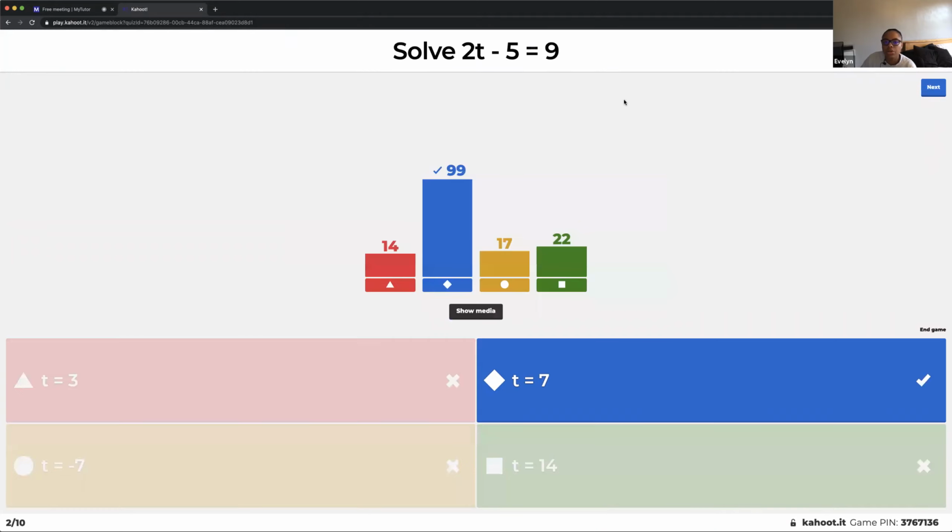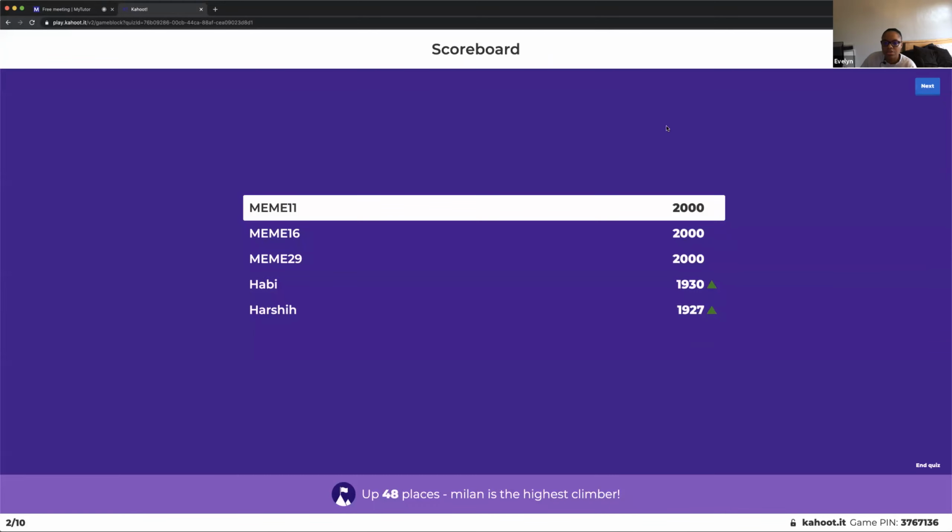Right, brilliant. So remember, I want to get rid of that 5 first. So add 5 on both sides, which will give you 2t equals 14, and then divide both sides by 2. So 14 divided by 2 is 7. So well done, the top 5.